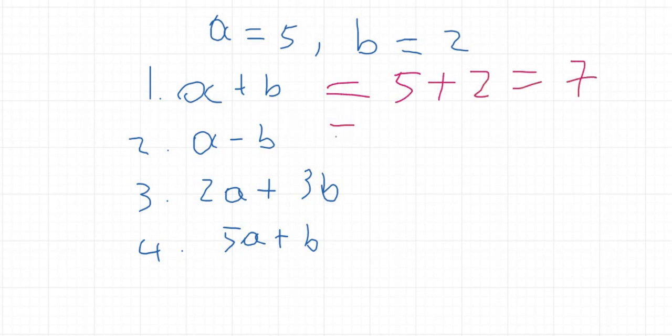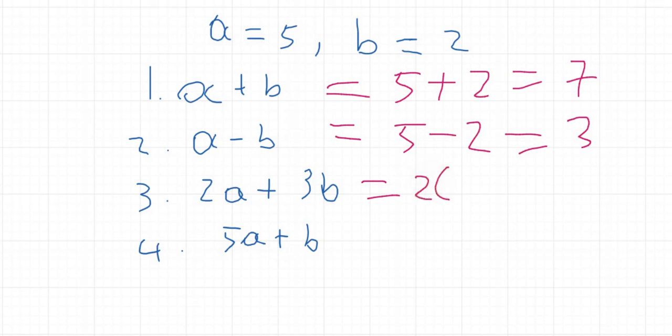If we do the same thing for number 2, we have 5 minus 2, and that will give us 3. If we do the same thing, just substitute a and b into 2 times a plus 3 times b, then we will get 2, put this in parentheses or brackets, 5 plus 3, open bracket 2, close bracket.